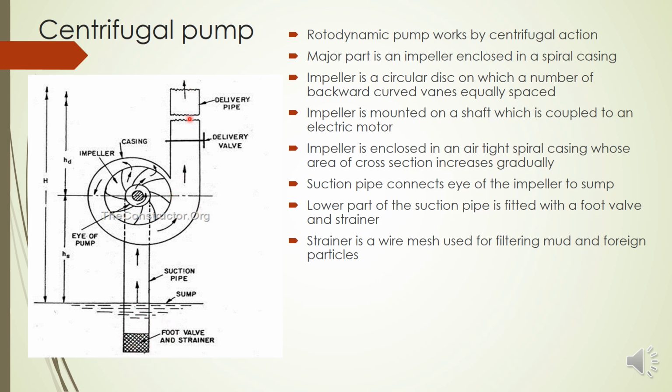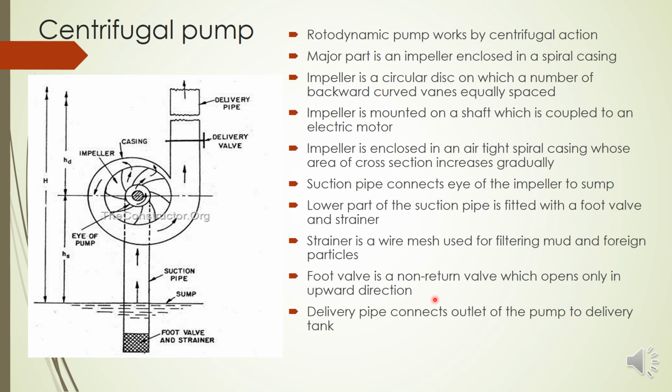And what are the other parts? Yes, we have a delivery pipe which connects the pump to the tank. The foot valve is just like in a reciprocating pump; it is also a non-return valve. It does not open in the downward direction. It opens only in the upward direction. And the delivery pipe connects the pump to the delivery tank.